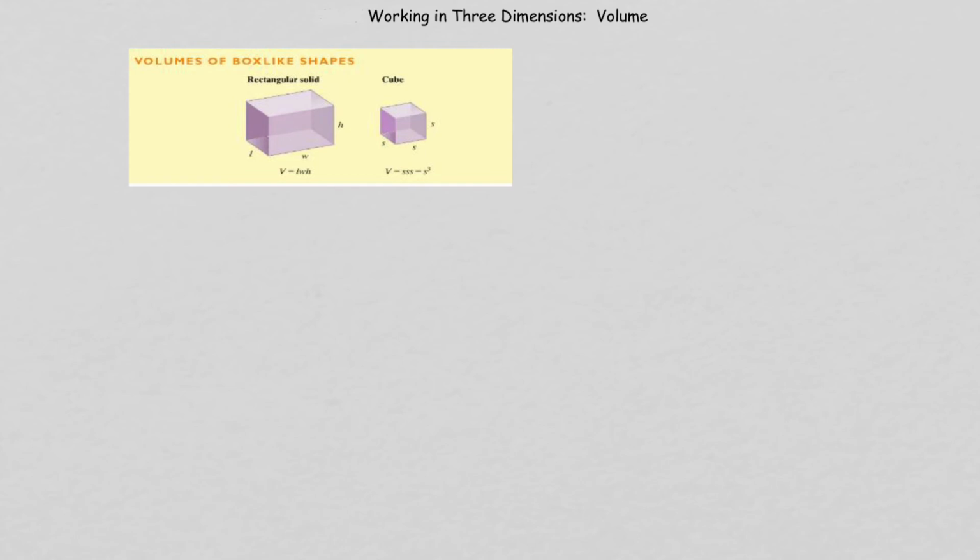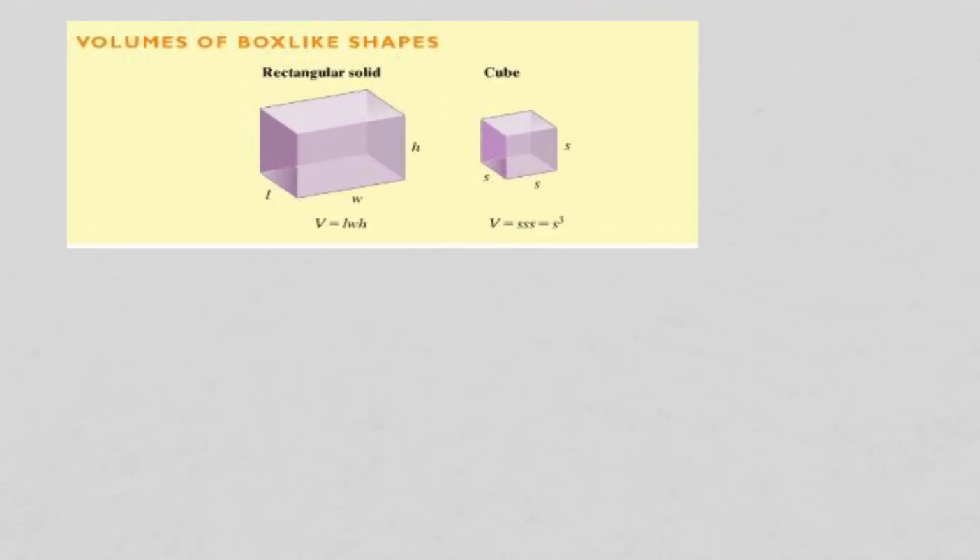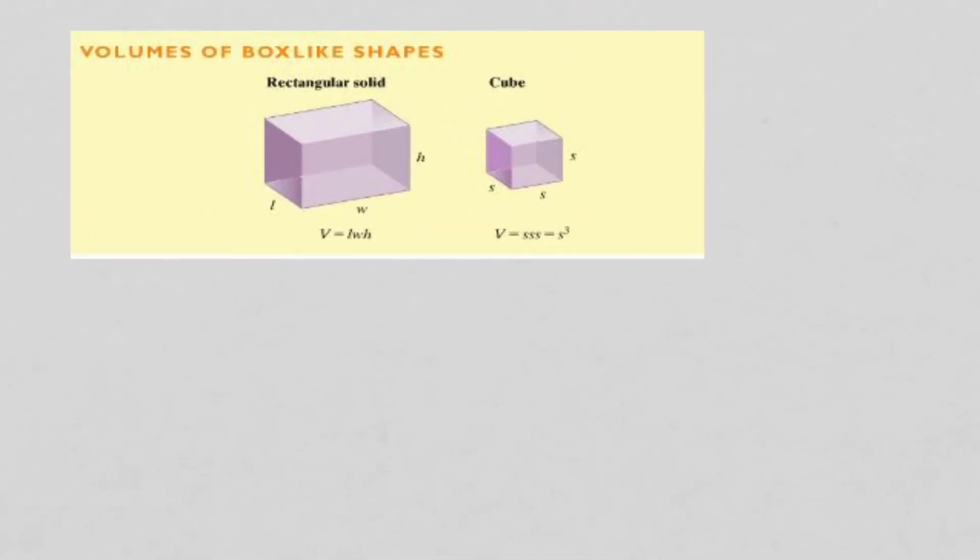For the volume, you end up multiplying not only base times height, but also the depth, right? So it will be length, width, and height. 3 sides to find the volume.